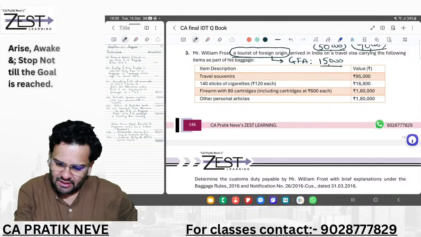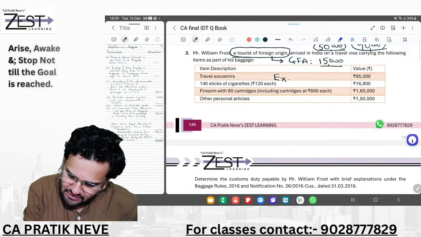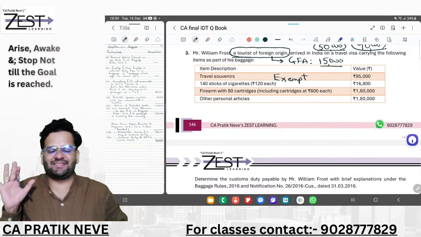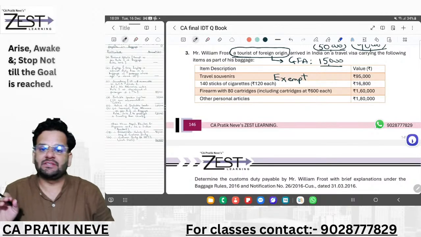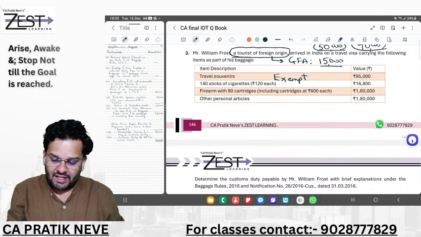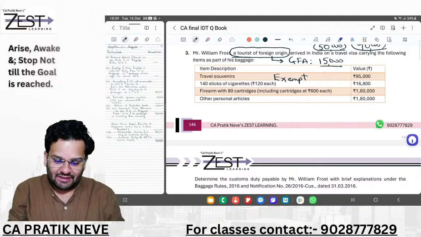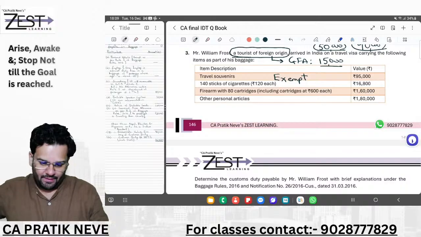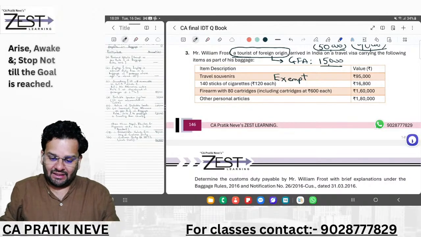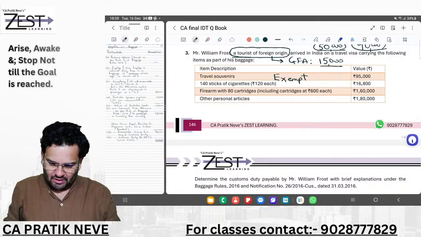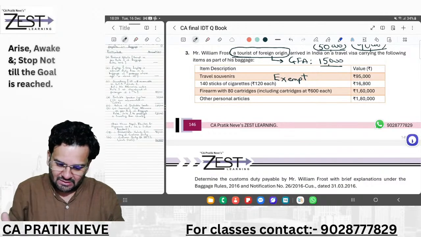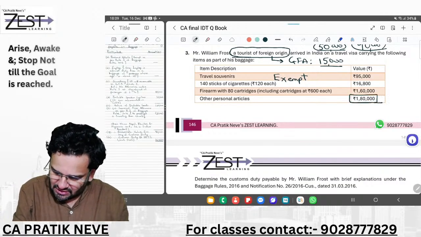Travel souvenirs, you know, are always exempt. 140 sticks of cigarettes. Now you know what happens. 120 each, 16,800. Now exceeding 100 will fall in Annexure 1. Firearms with 80 cartridges. Okay, so you know exceeding 50 will fall in Annexure 1. Other personal articles, yes, they will be taxable.